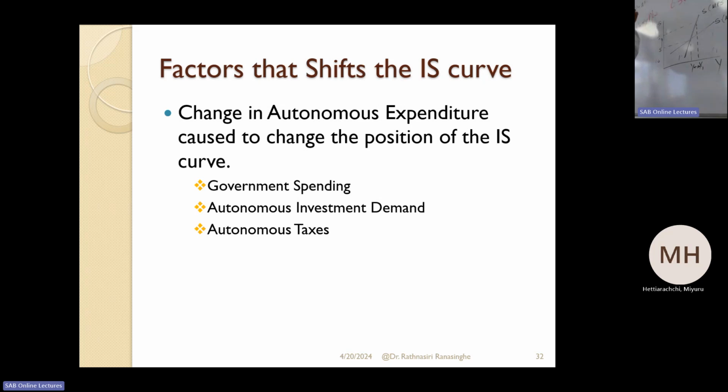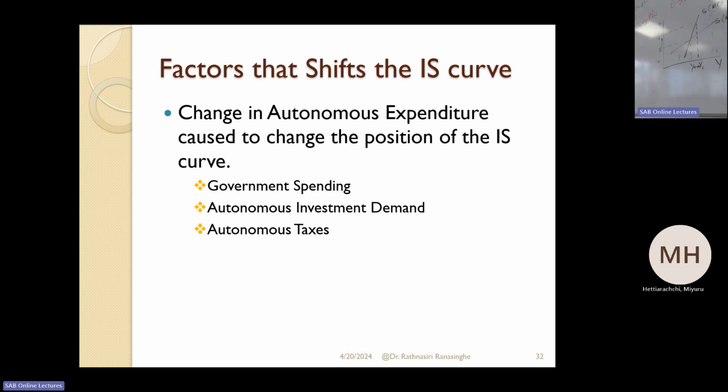Taxes, on the other hand, are withdrawals, which have a negative impact on national income. So if there is a rise in taxes, what happens? That shifts the IS curve to the left. So that way we can write it.